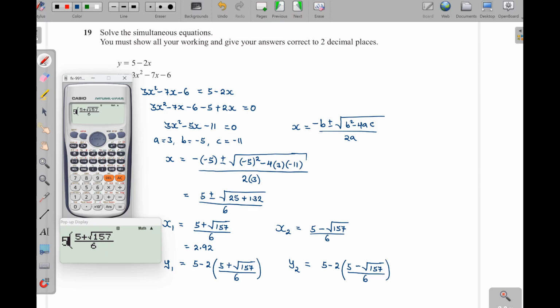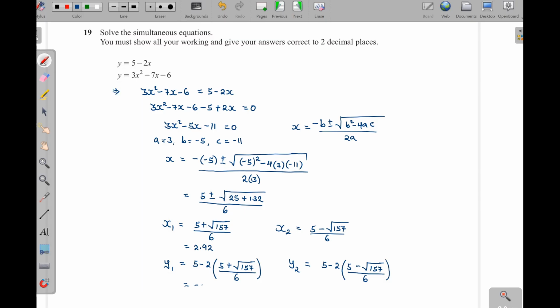Now I'll come to this one and then I say 5 minus twice that. Not so? That one then gives us negative 0.84.